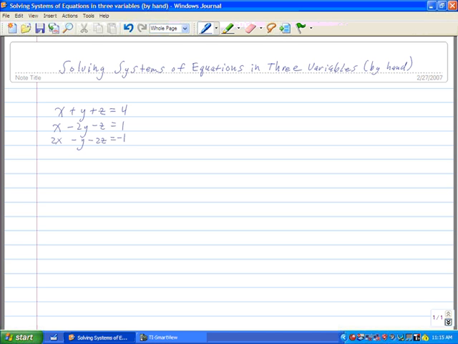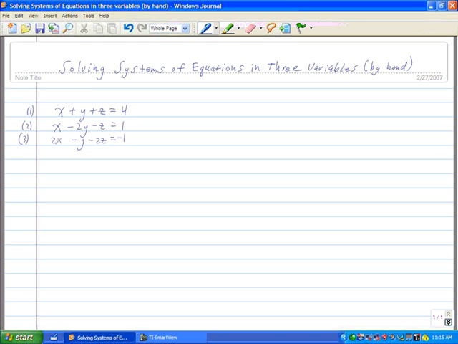The first technique I want to use is the addition, or some call it the elimination technique. We've got 3 equations here already. We'll just call them for convenience equation number 1, equation number 2, and equation number 3.